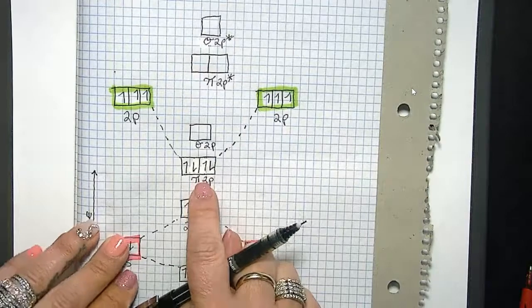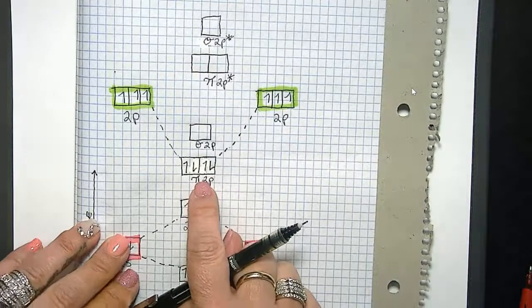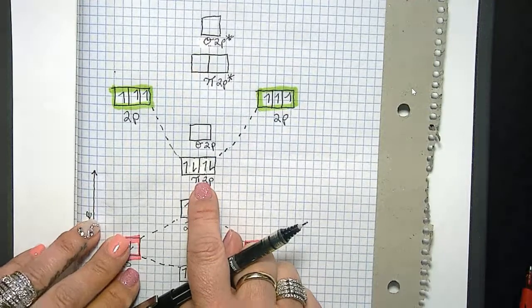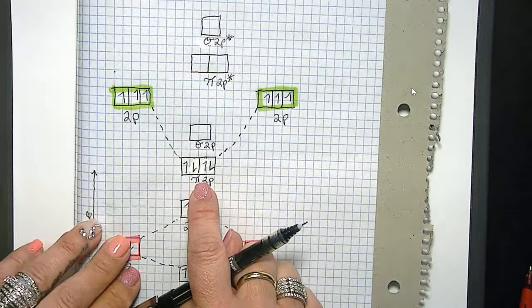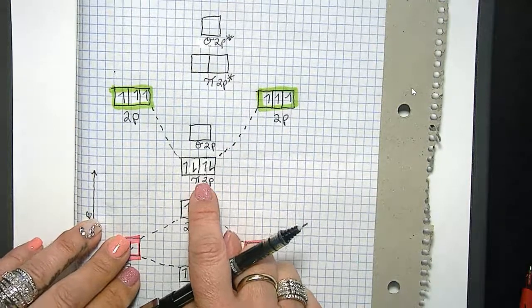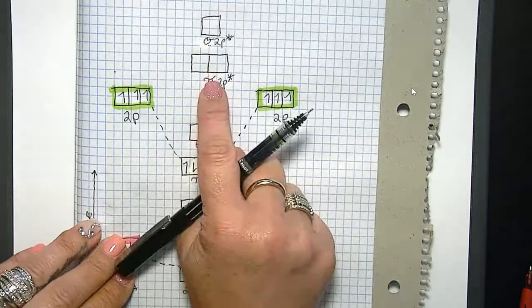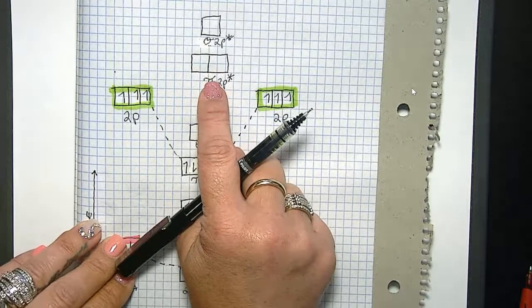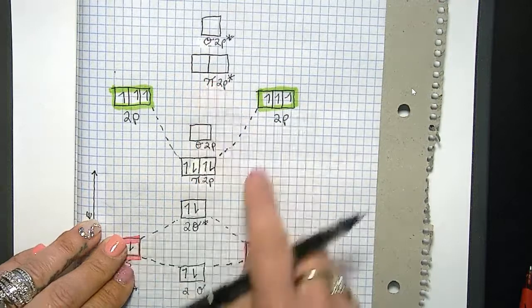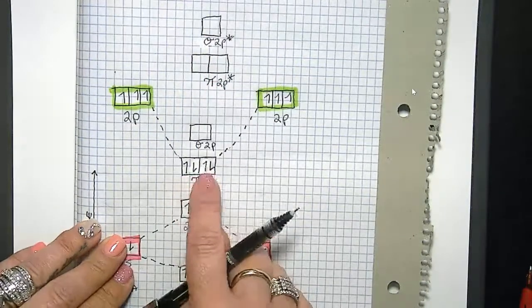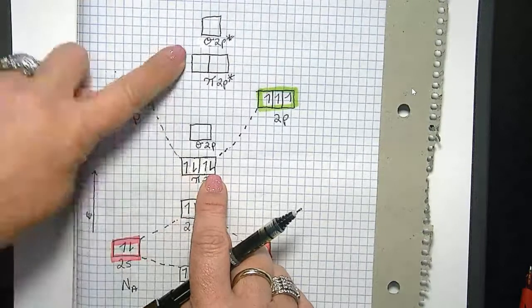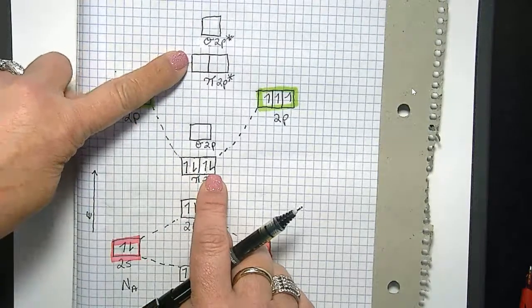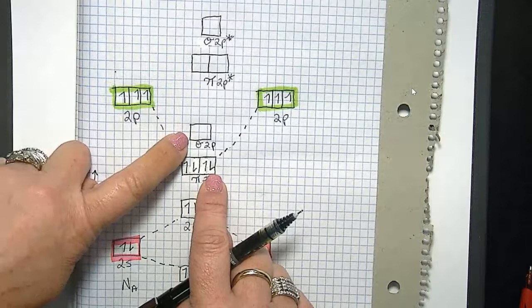In just the bonding one. What do you think? What about this up here? That's another pi, right? So I got 1, 2, 3, 4. They're not going to jump up to this pi because there's something more stable right here.